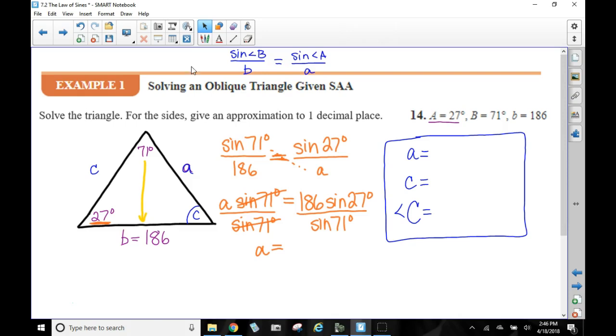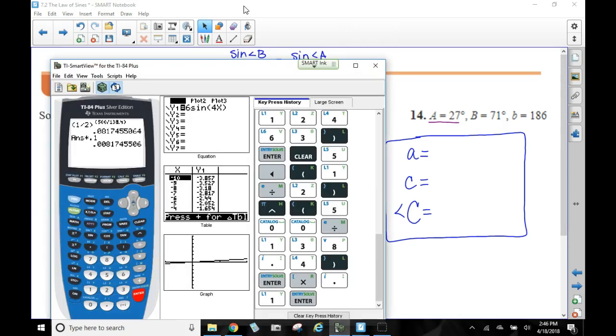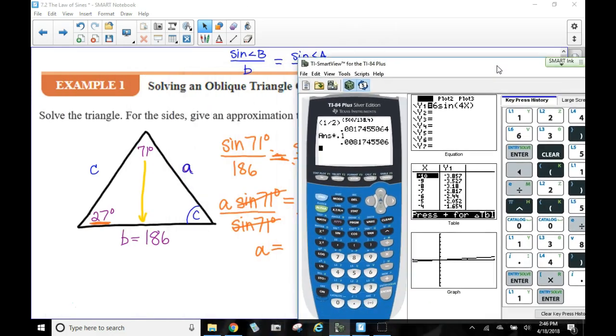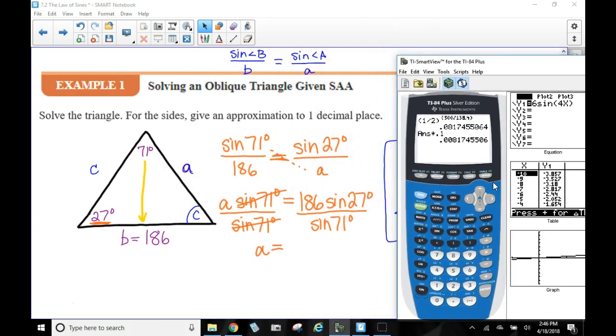Okay, so on my calculator, finding side length A, I'm going to have 186 times the sine of 27 degrees. That's the numerator. Then I'm going to divide that number by the sine of 71 degrees. Now remember, our calculator is probably still set in degrees, but if it's not, you'll definitely want to check that out.